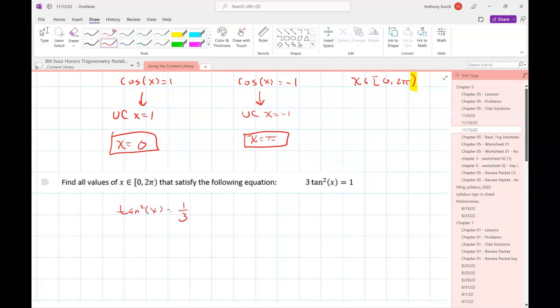Okay. Now what? Square root both sides. Okay. Then we're going to go and do what?